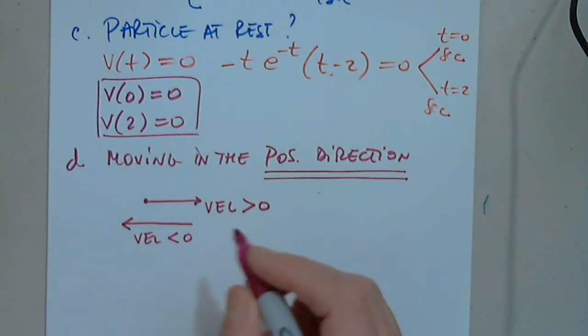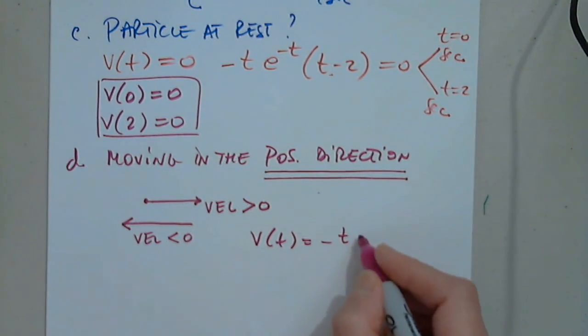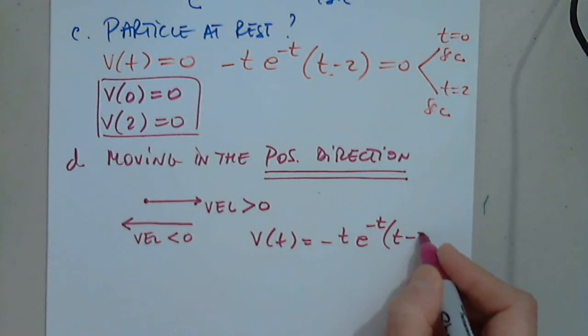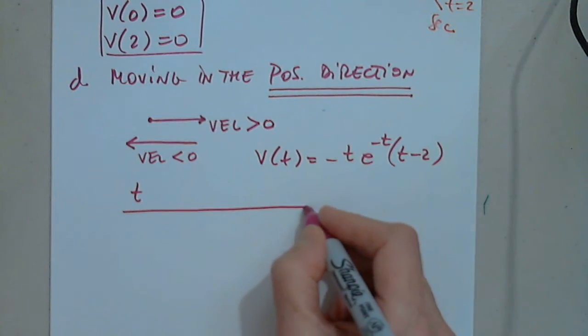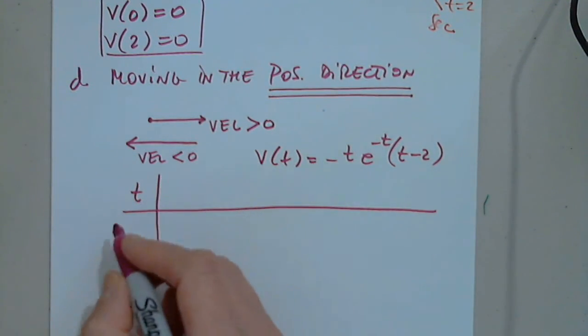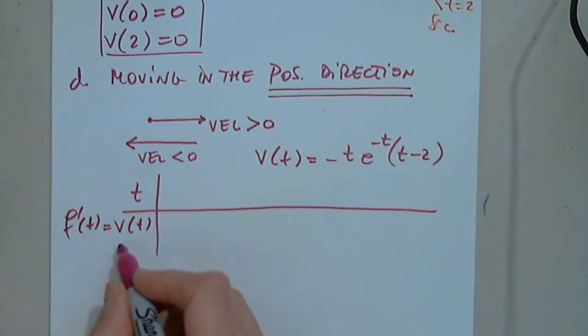So I have to look again at the v of t. I'm going to copy it here, which is negative t e to negative t minus 2. As we know, this is v of t, or f prime of t.